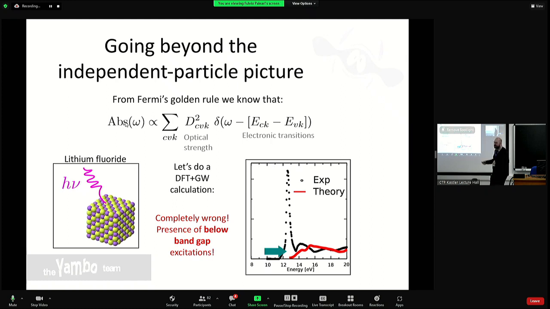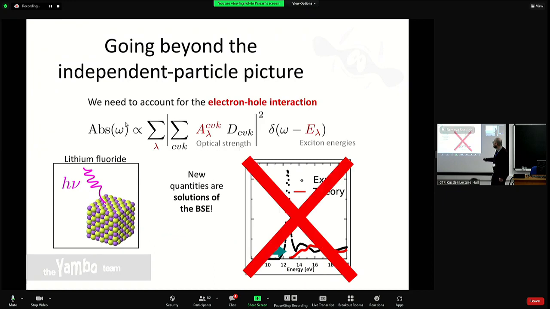And the corrected formula, let's say, that allows us to describe this case has this shape. As you can see, it is a linear combination of the transition matrix elements across all possible electron-hole transitions, weighted by these weights. We will obviously explain these later on.